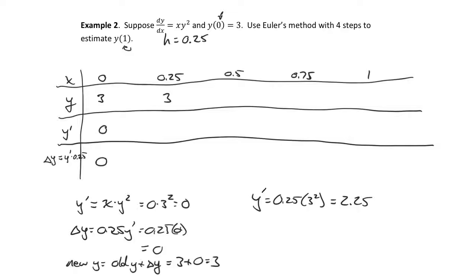So that's what y prime is, 2.25. To figure out what delta y is, we're going to multiply 2.25 by my step size, 0.25. I'm on a line of slope 2.25. I move 0.25, and that gives me the change in y.